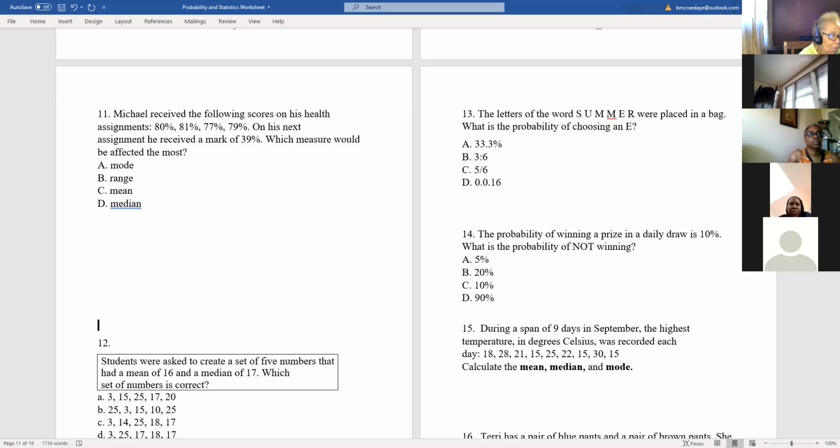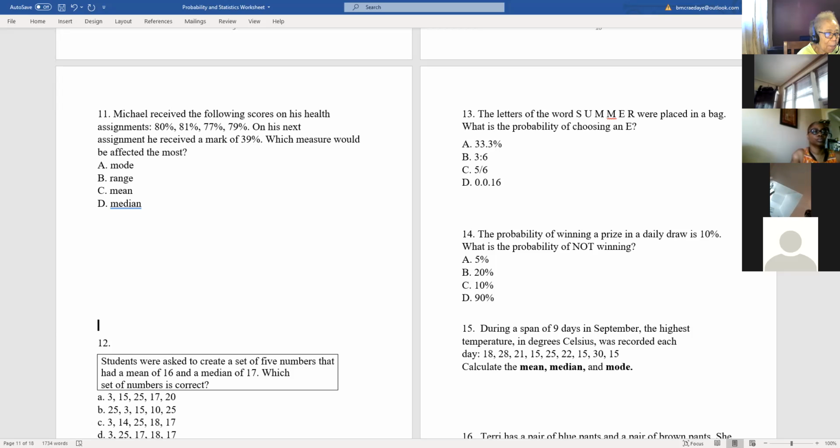You don't have to have a mode. Remember I said you could have no mode, one mode, or more than one mode. So there's no mode either way, without the 39 and with the 39. So you can eliminate A.